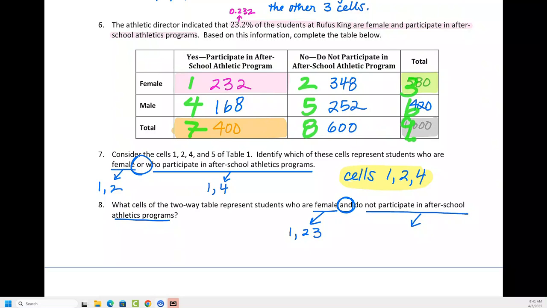Do you all agree? Now notice, this time it's the word and, whereas before it was the word or. When you and those, you're looking for the overlap. So you have 1, 2, and 3, and you have 2, 5, and 8. What cell are we talking about? Just cell 2.